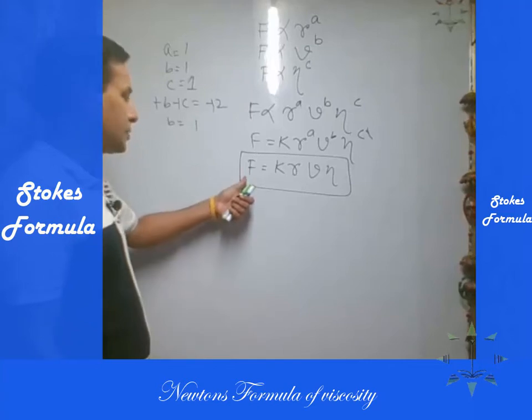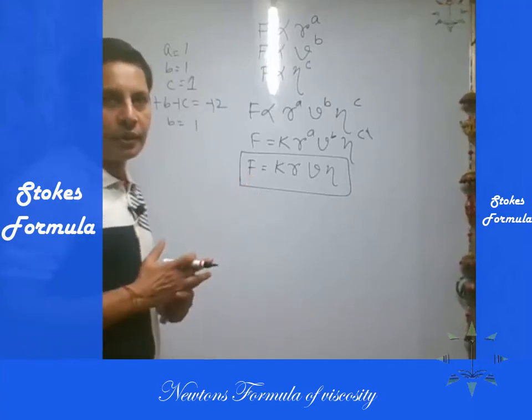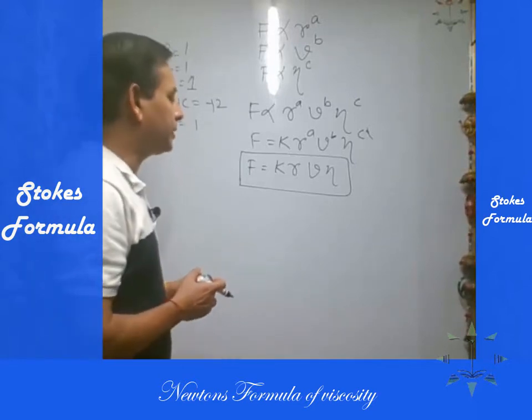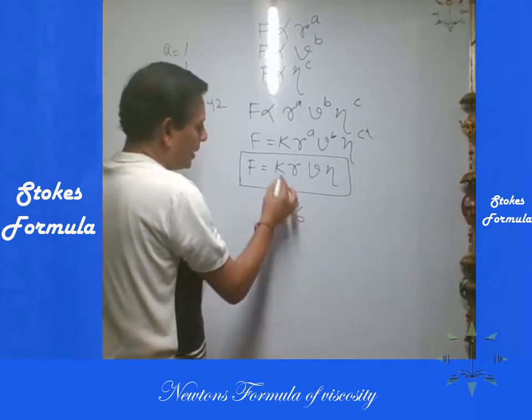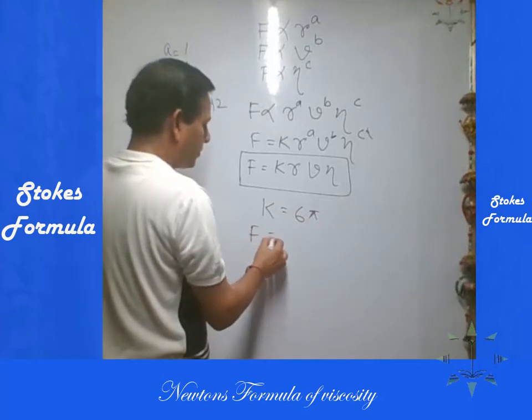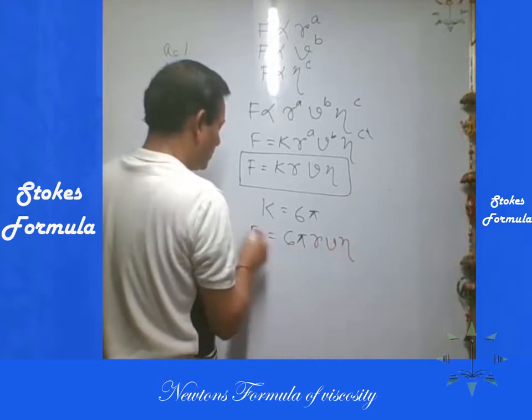This is the viscous force acting on a sphere falling through a fluid. After doing several experiments, Stokes found that the value of K is 6 pi. So it is now F equal to 6 pi R V eta.